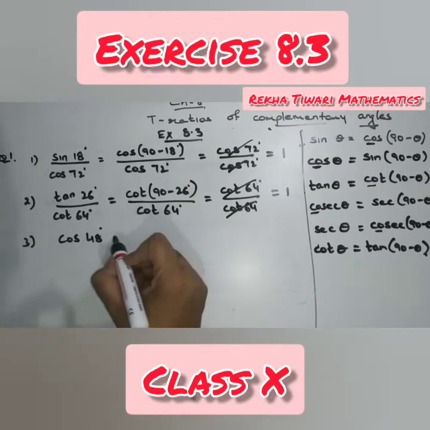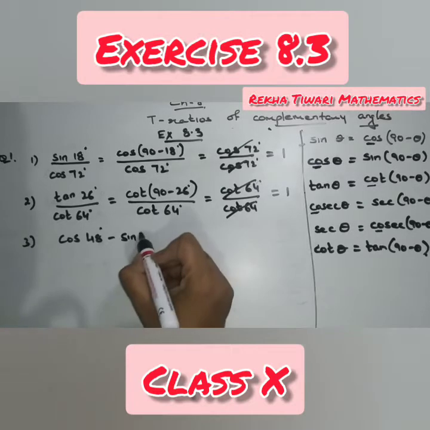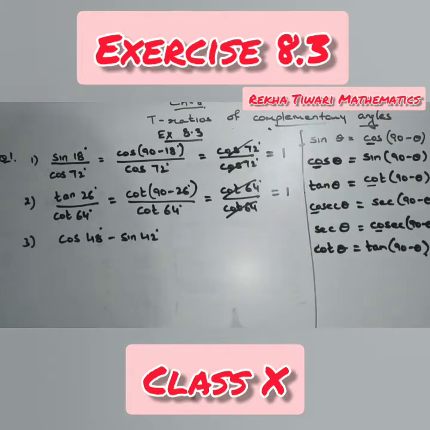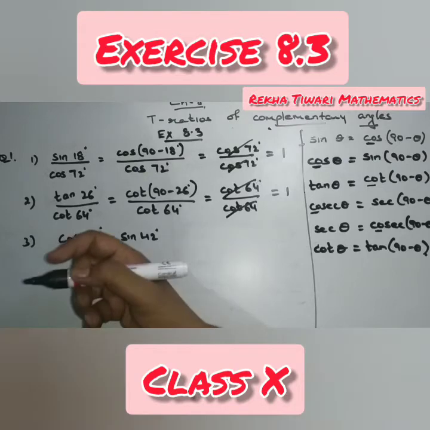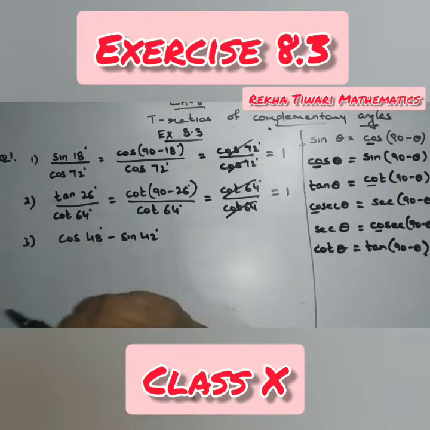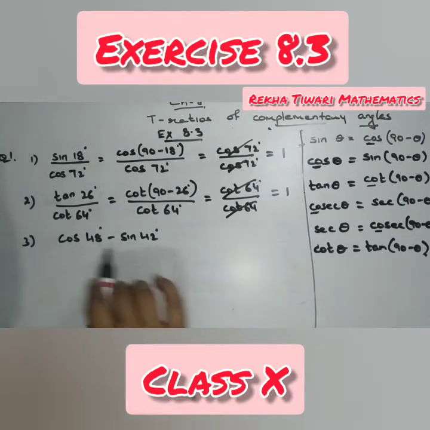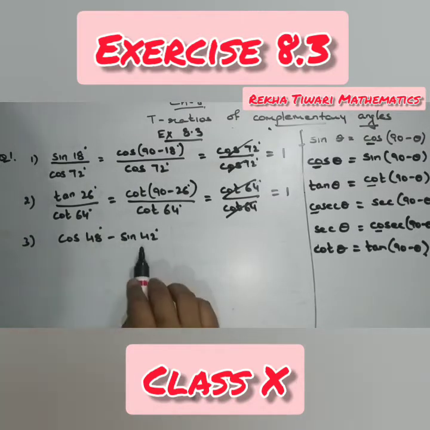Cos 48 degree minus sin 42 degree. Again the values are unknown. We don't know the value for 48 degree, we don't know the value for 42 degree, but we know for 45 degree. Just remember this thing. You have to remember the specific angles for which you know the values. So cos 48 minus sin 42. Let us change any one, either cos or sin.